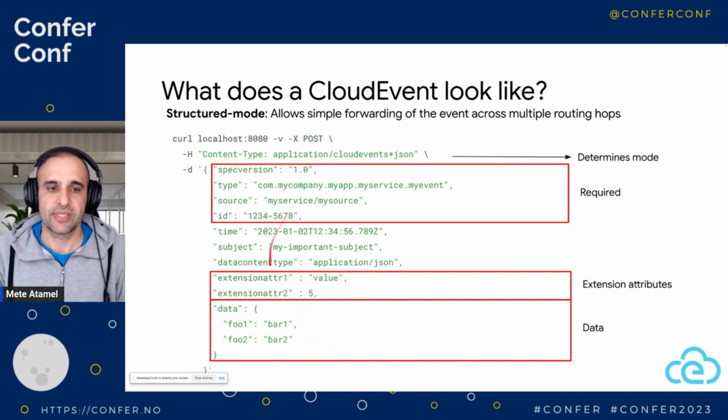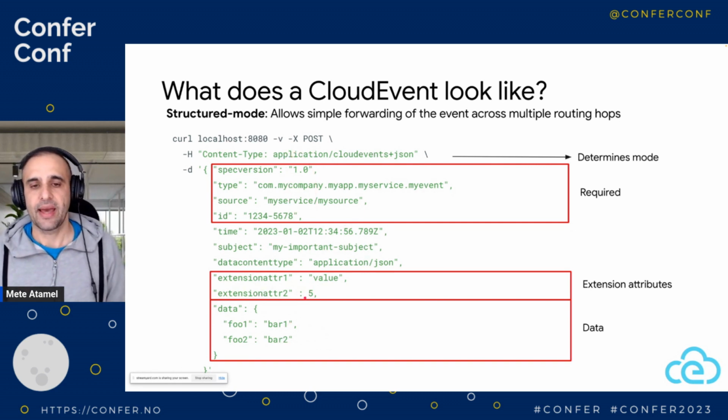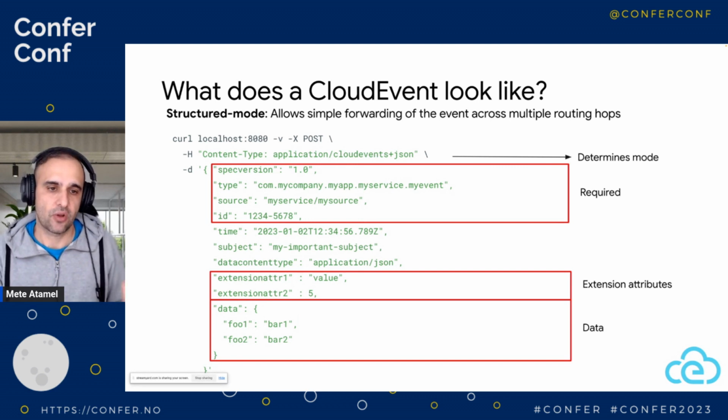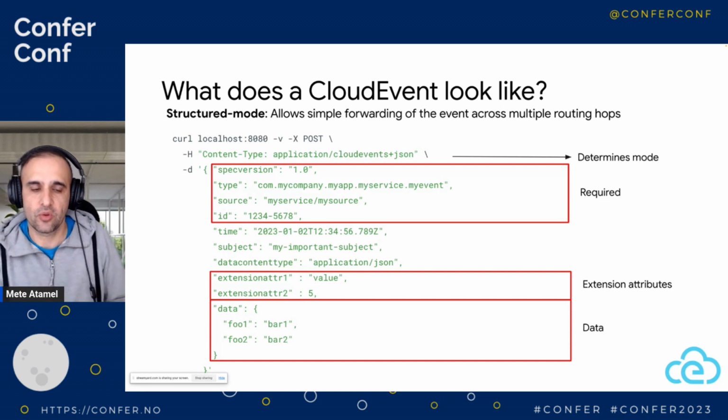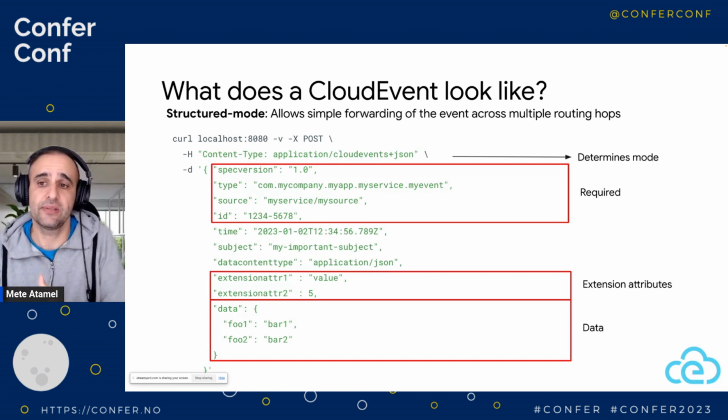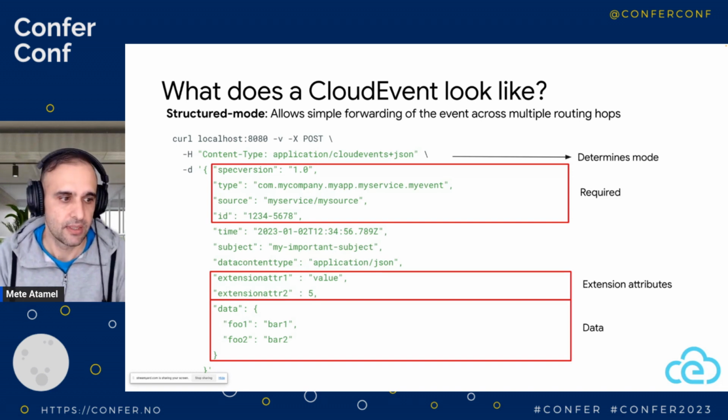As you see, everything is included in the body, and this allows you to send cloud events across different places, because the body has all the information. So the receiver doesn't really need to look at headers or anything like that. It just needs to forward the message as it receives it, and this allows easier routing across multiple hops.